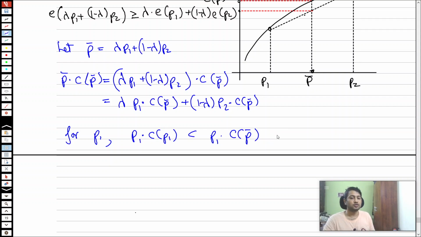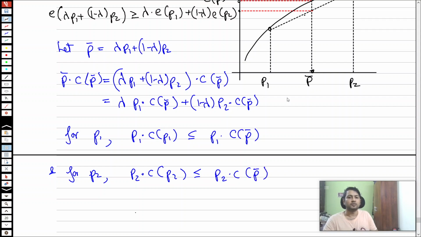This should be true for p1, and for p2, p2 dot c of p2 should be less than or equal to p2 dot c of p bar.